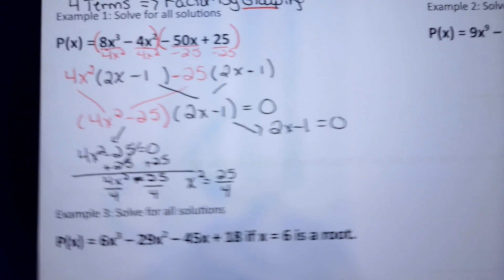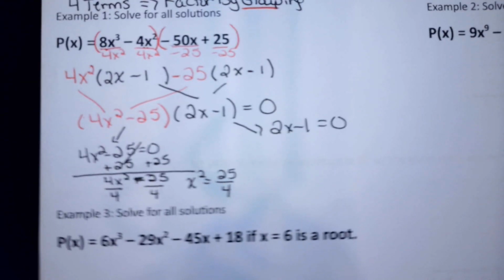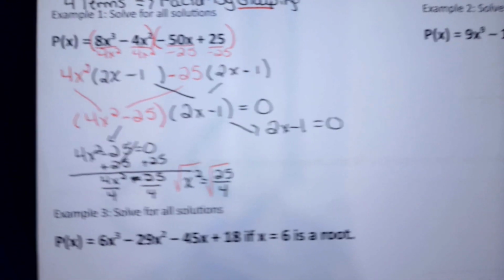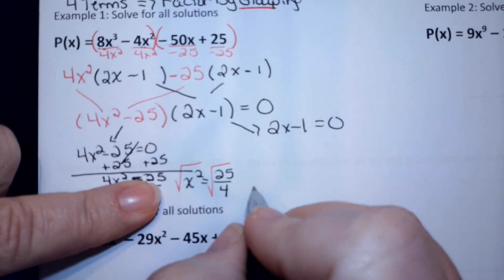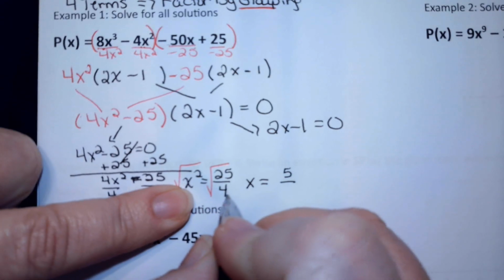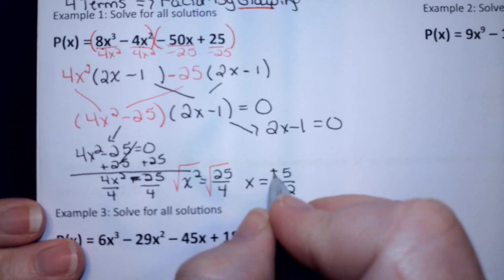But that is x squared. So how do I solve for x squared? Well, the inverse of squaring something is taking the square root. So here I'm going to end up with x equals, the square root of 25 is 5, the square root of 4 is 2, and since it's the square root, it is the positive and the negative version.